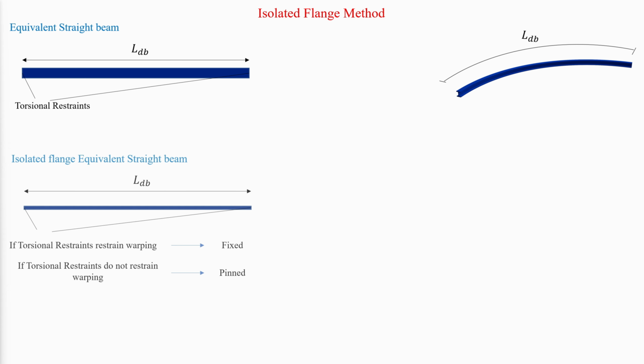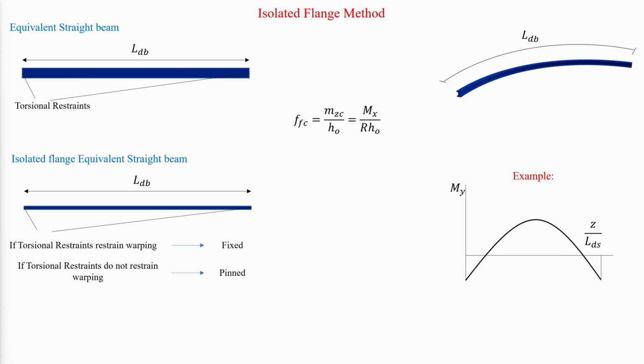Then, convert the warping boundary conditions to the appropriate flexural boundary conditions for the isolated flange. Afterwards, using the primary moment diagram and this equation, calculate the distributed radial force per unit length FFC to be applied to the isolated flange. Then finally, construct the moment diagram for the isolated flange.